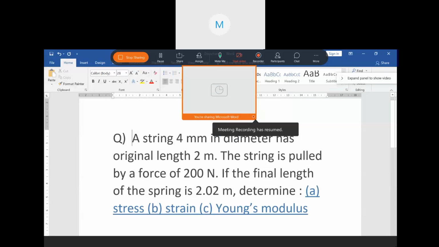Give me a minute. Now can you see the screen?